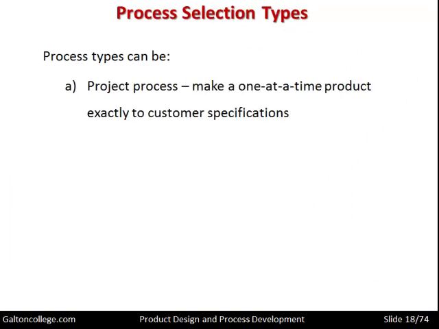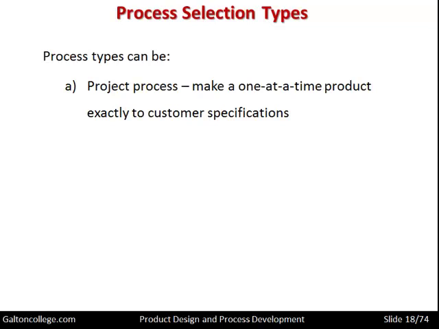Now the process selection types. Well, process selection types can be project processes, make a one-at-a-time product exactly to the customer specifications. So it's looking at a particular project and dealing with that one project, and the one project has been specified by the customer. They say exactly what they want.